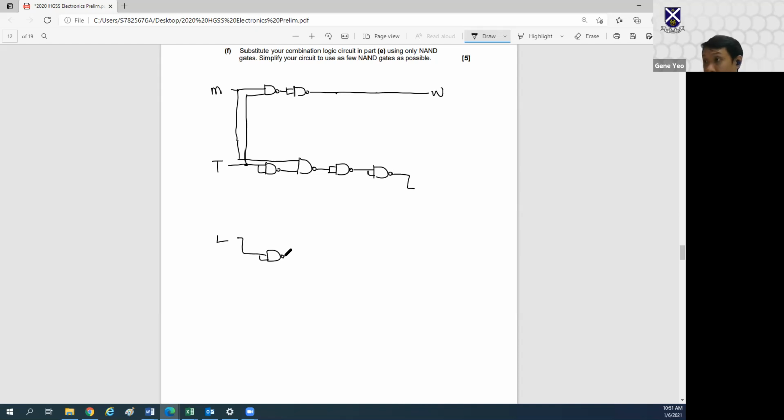This is my NOT. I've got to bring down one more NAND. This is my NAND.